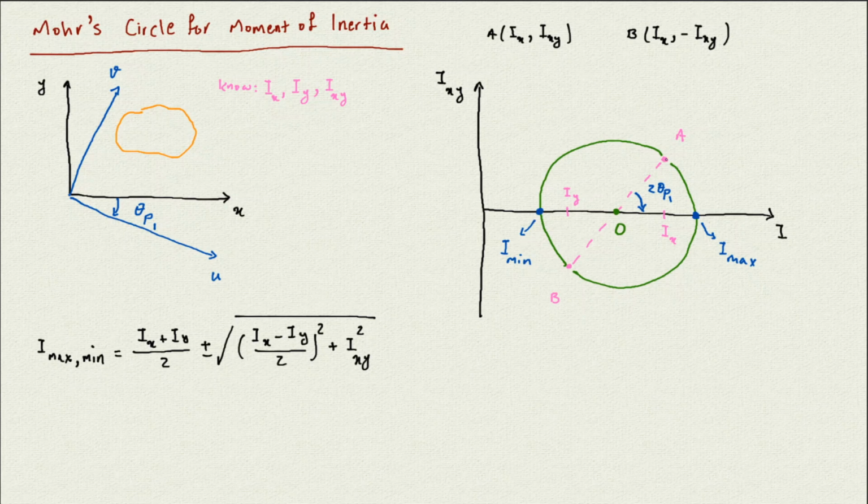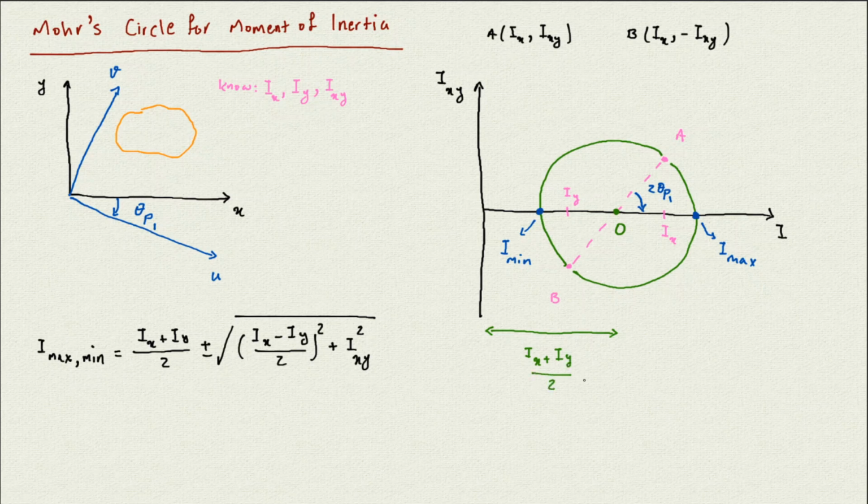Now, in this triangle that I have here, let me just make a couple of points. Here to the center, what's the location of the center I have? The location of the center is Ix plus Iy divided by 2.